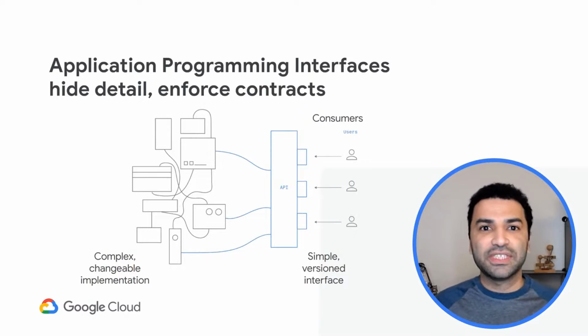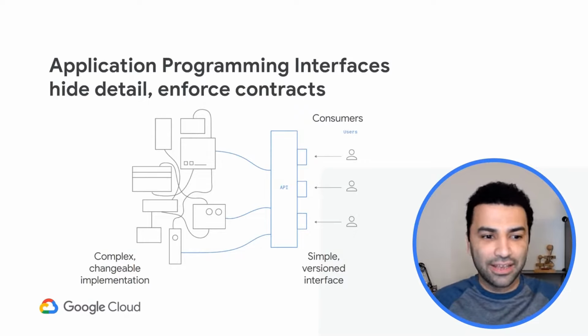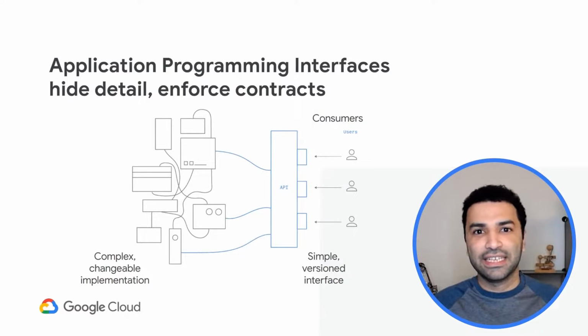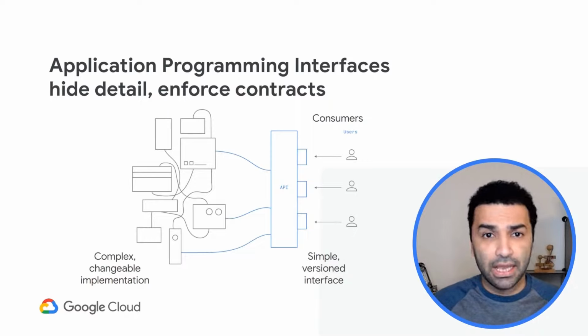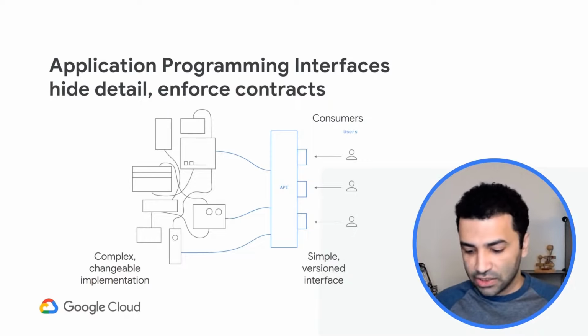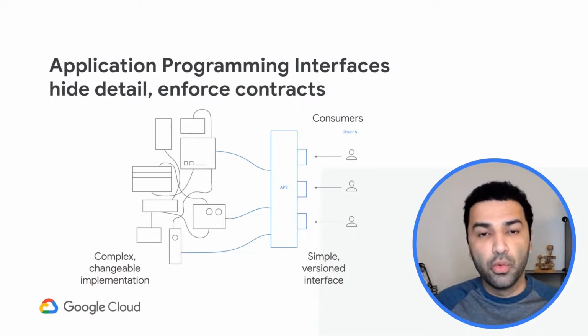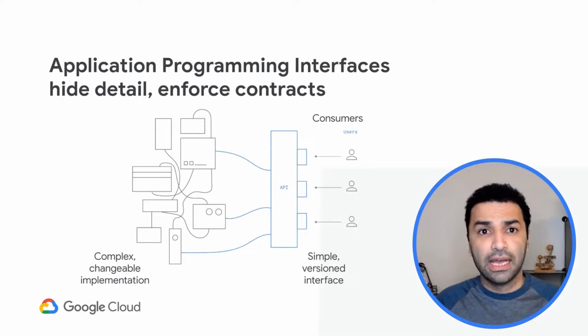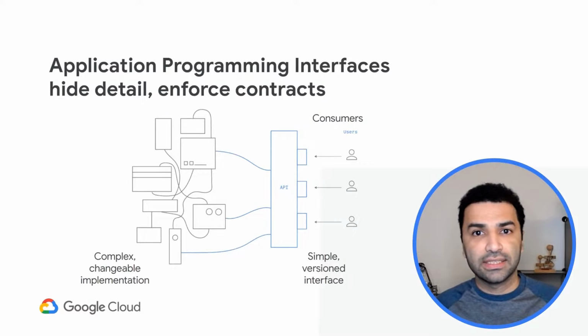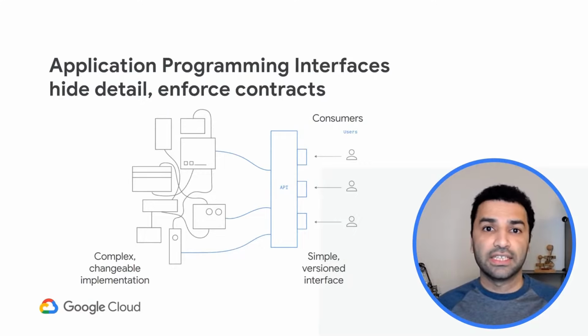The example that you see in front of you on the screen is basically my complex back-end application that does not necessarily need to be visible for my clients. And here my clients are developers, right? So my developers who want to interact with my application don't necessarily need to see my code and my complexity and what's going on, especially if I'm making major upgrades and continuous modifications to my system.